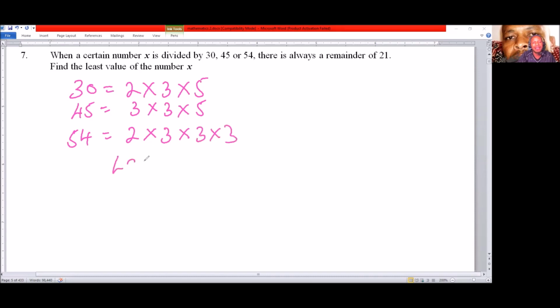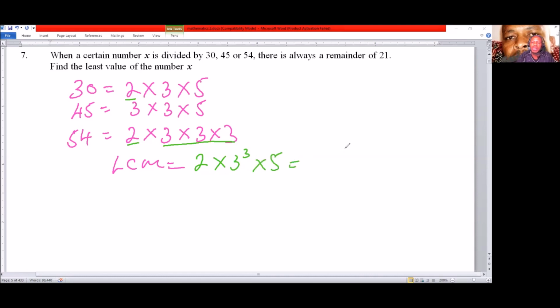So it means the LCM is equal to, what we do here is we take 2. We have a single 2, so that will give us 2. For 3, we take the one with the highest power, so it is 3 cubed. And then finally we have 5.